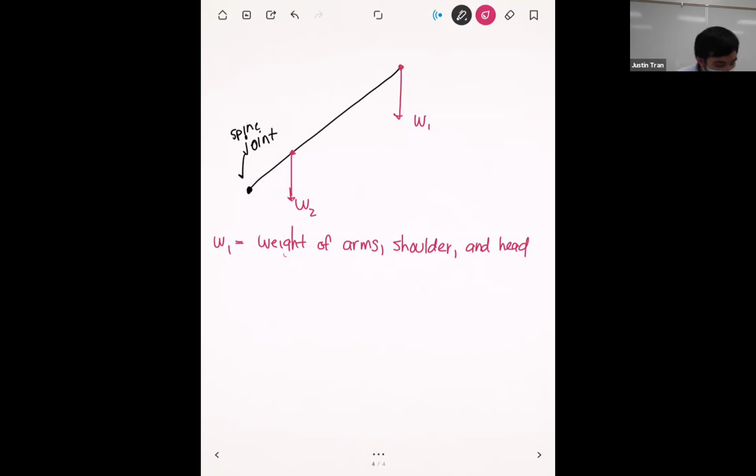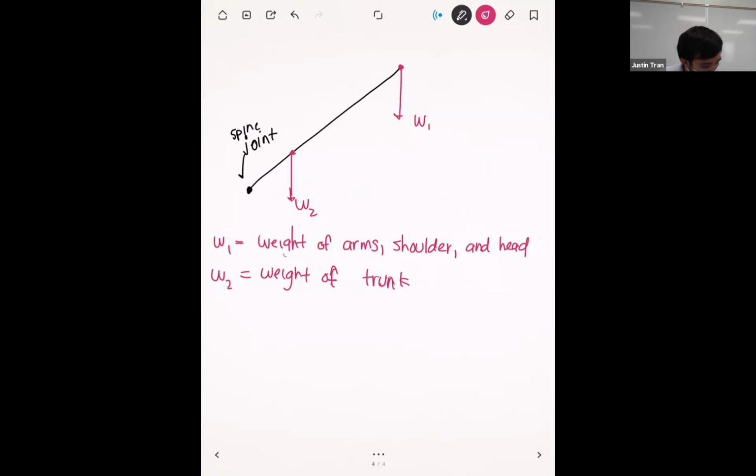All right, W2. So W2 here represents the weight of the trunk. That's basically the weight of your abdominals and everything.